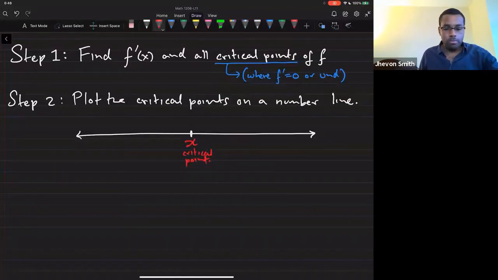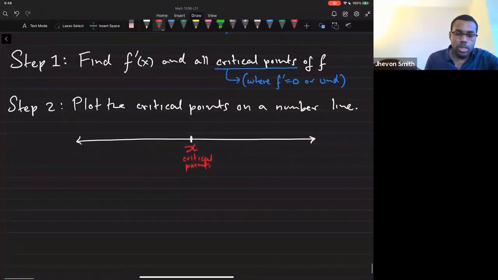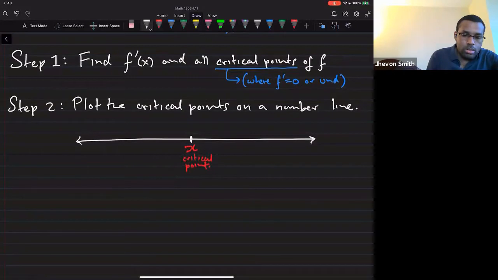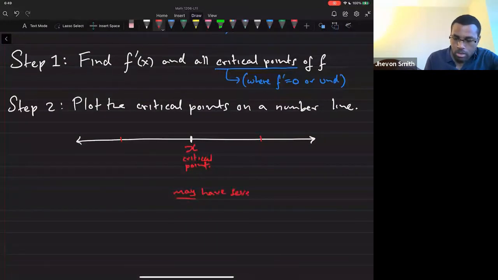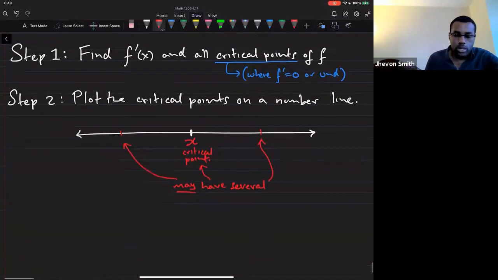And so you're going to plot the critical points on a number line, and you may have several, right? So that could be one, this could be one, that could be one, etc. So that's what you're going to do.